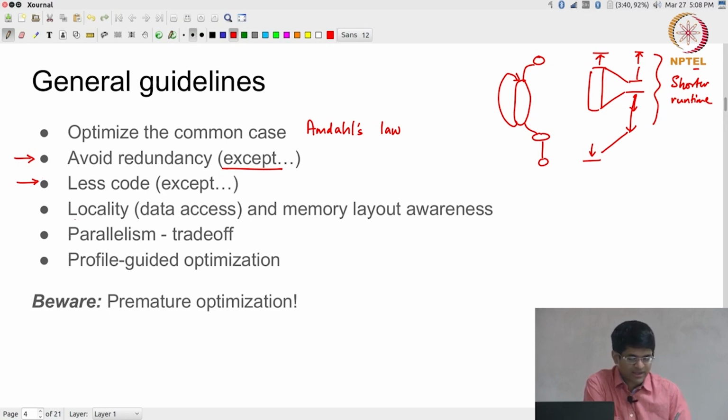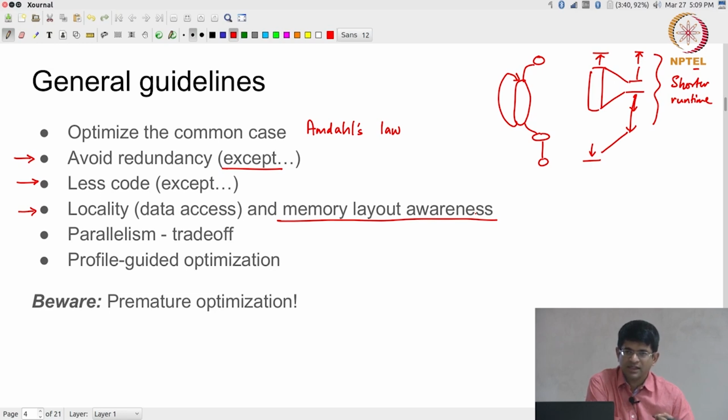One important thing, which again is related to what I said about target independent things still needing to know something about the target, is that you need to be aware of what your memory layout looks like. More than the memory layout, what I mean is the cache structure.